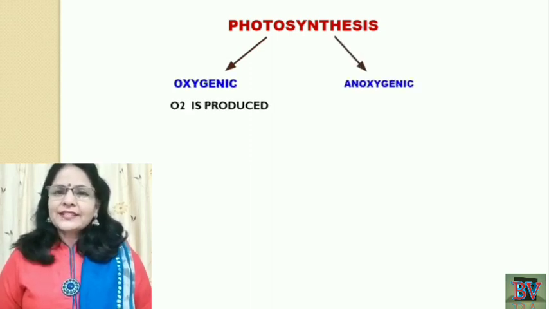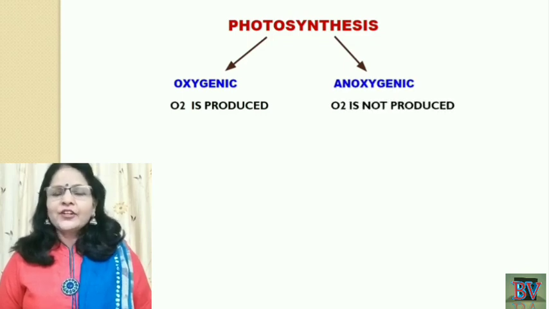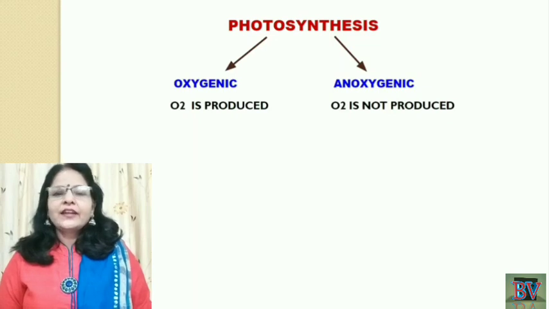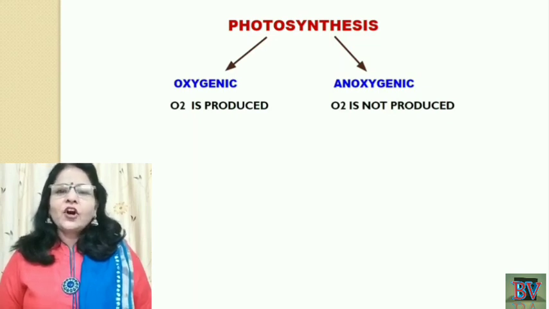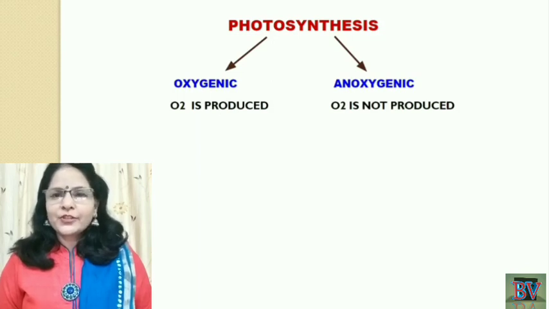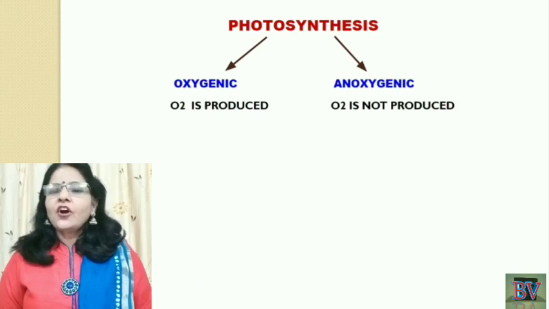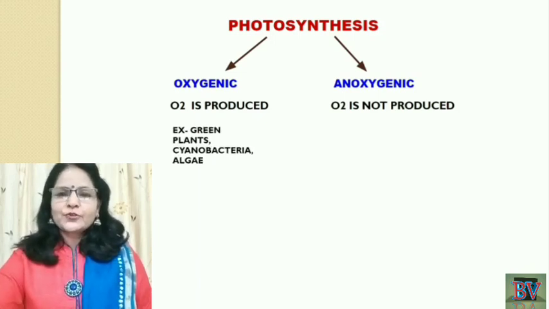Photosynthesis is differentiated into two parts, oxygenic and anoxygenic photosynthesis. As the name indicates, oxygenic photosynthesis is that in which oxygen is produced, but in anoxygenic photosynthesis, oxygen is not produced.